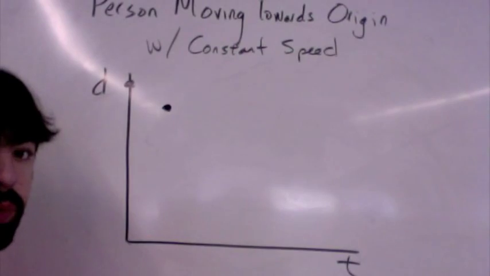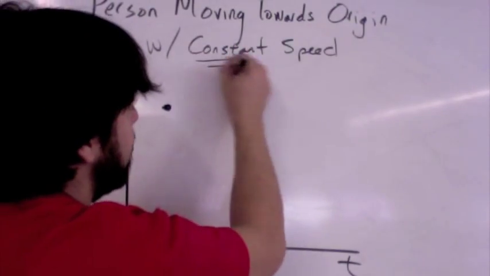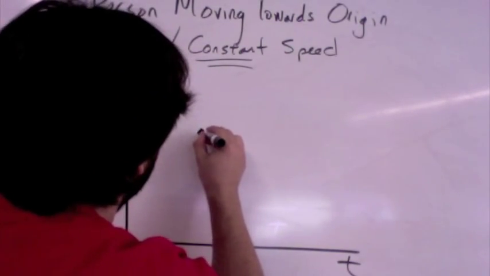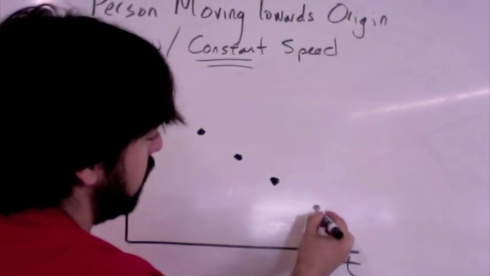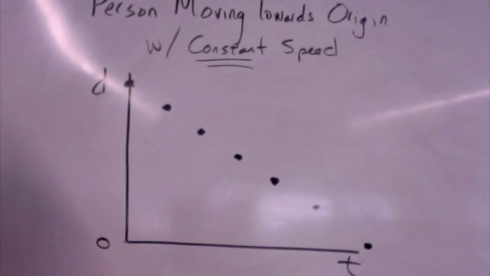As time progresses, what are you going to do? Maybe you're going to move a little bit further down. And if you're going at a constant speed, it's going to have to be in a straight line. And then as time goes on, you're going closer and closer and closer to reaching your original origin.